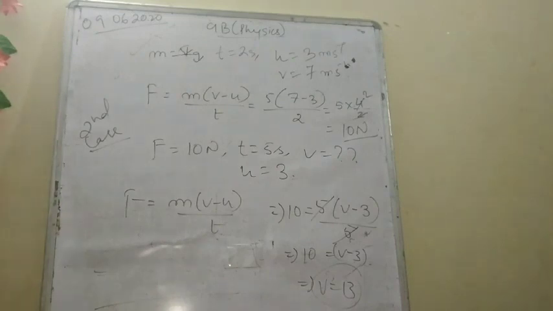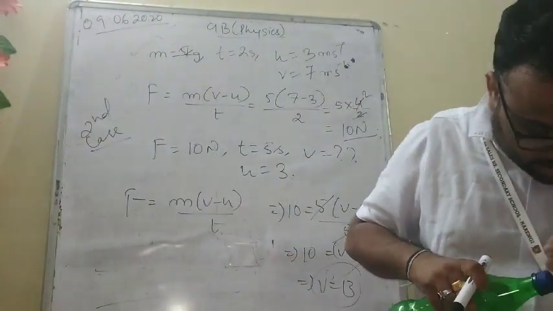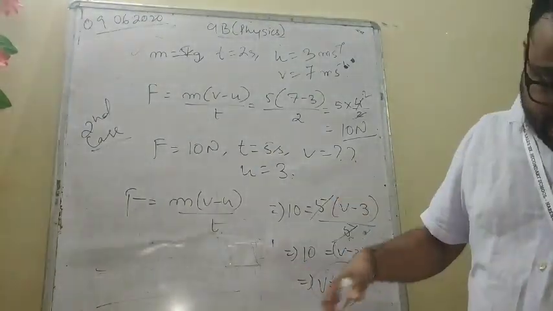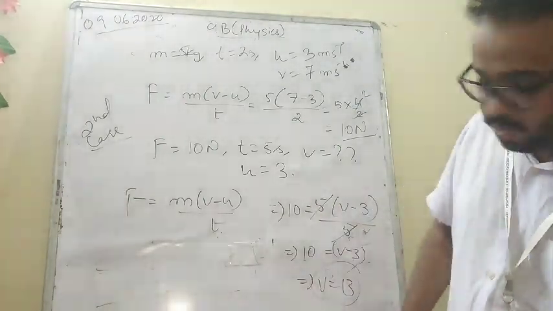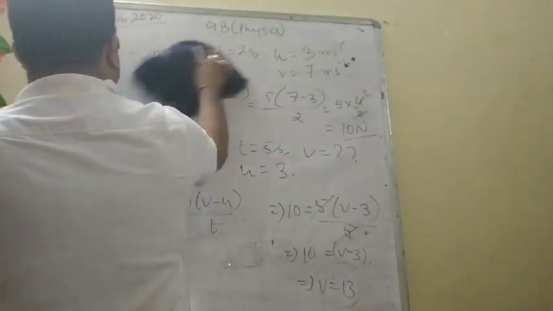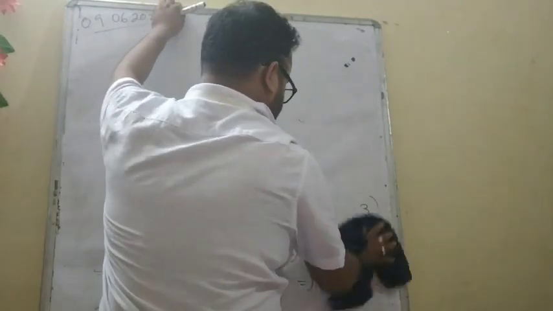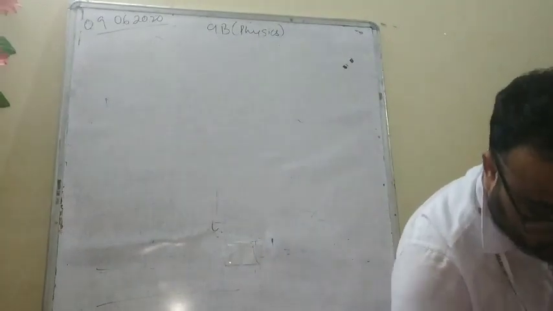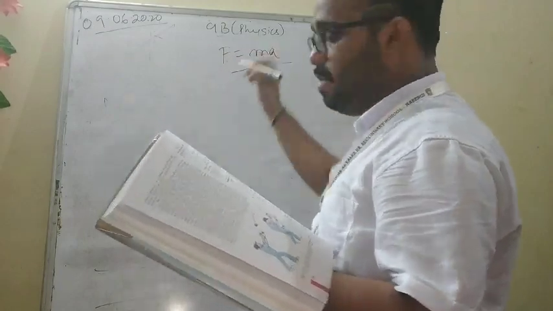In the next question, example 9.2: which would require a greater force, accelerating a 2 kg mass at 5 meter per second square or a 4 kg mass at 2 meter per second square? You know that F is equal to ma.